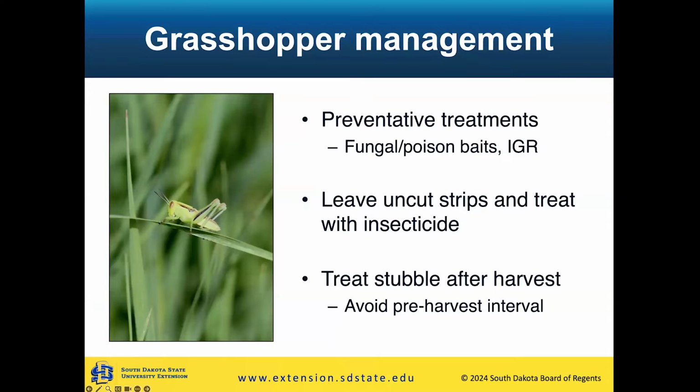Or, if you can find some fungal baits, there's something called Nolo Bait. The company that produces that had some production issues the last couple years, so they haven't been making it so much. But it sounds like they might have it available this year. Again, if you want to get the baits, it's a good idea to purchase those early, because they usually do sell out by mid to late July, when everybody's needing them. You can't usually get those things anymore.